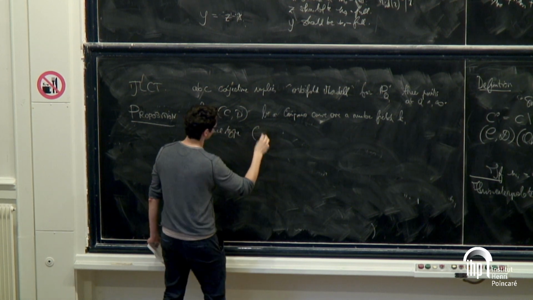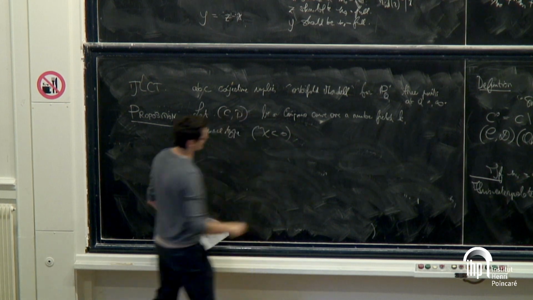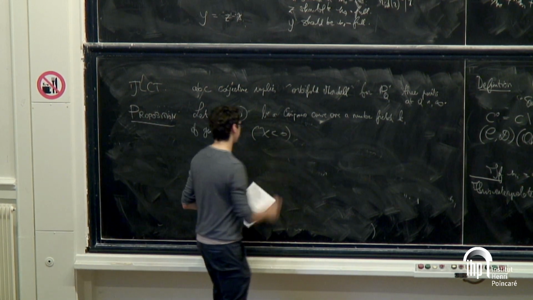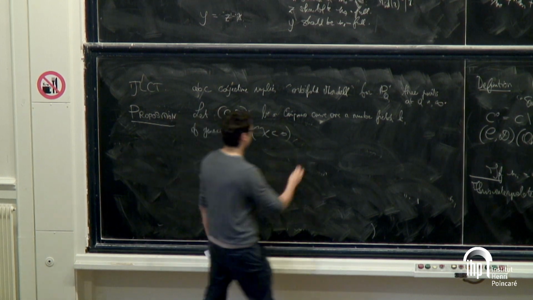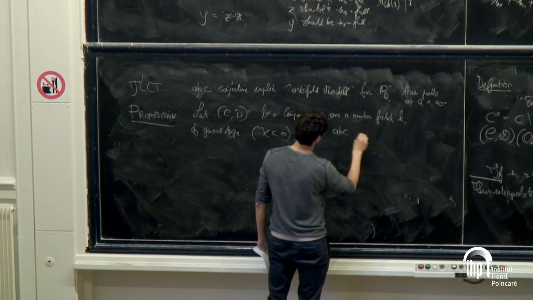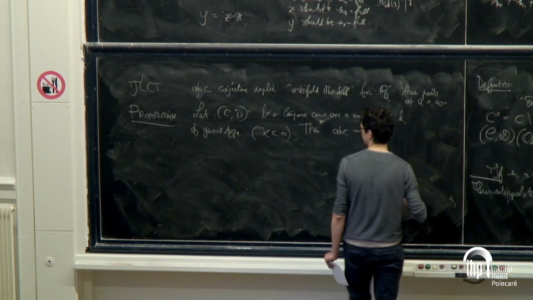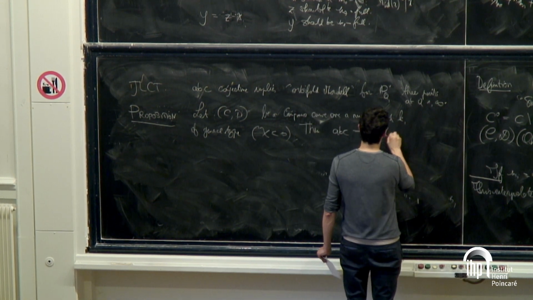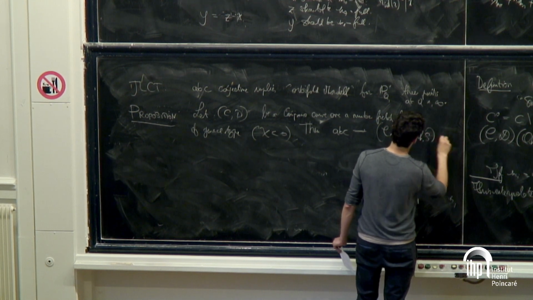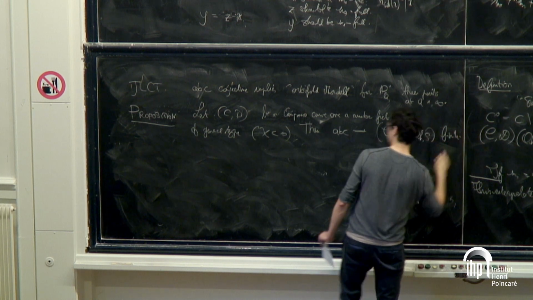By this I mean that K_C plus D, the orbifold canonical divisor, is a big divisor. Then the ABC conjecture implies that our sets of orbifold or Campana points are all finite.